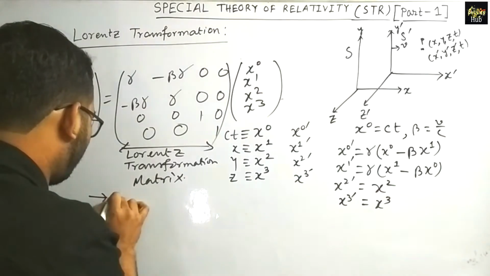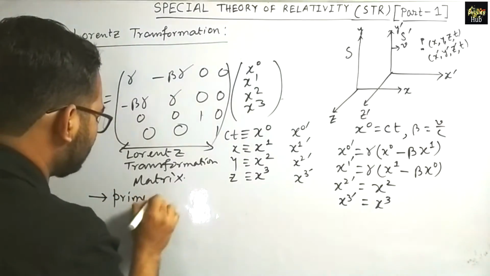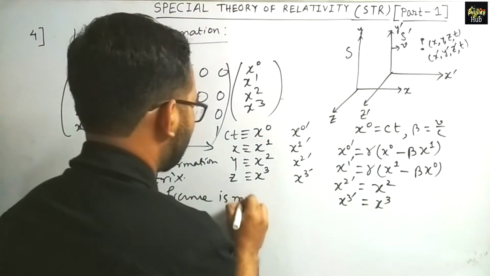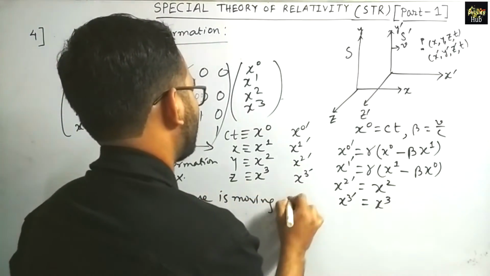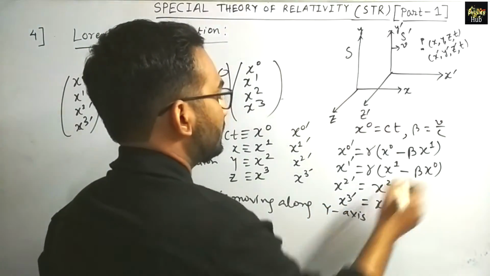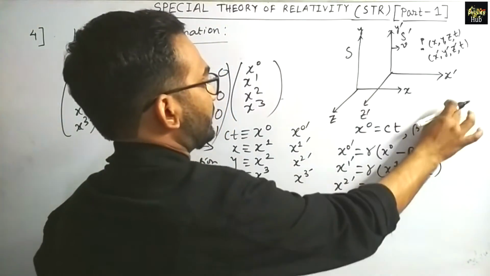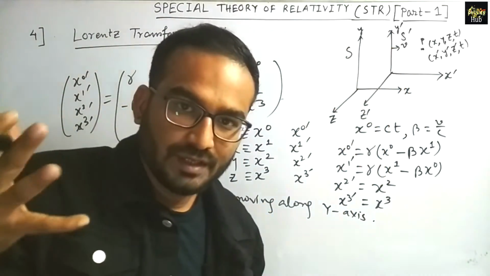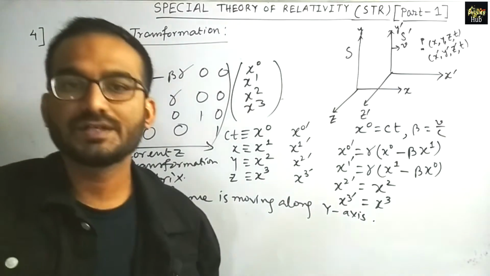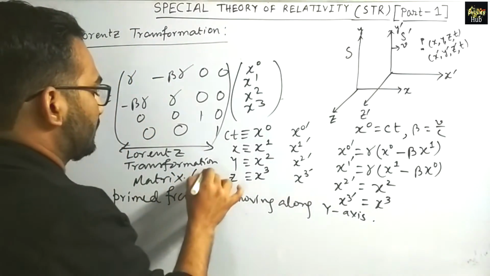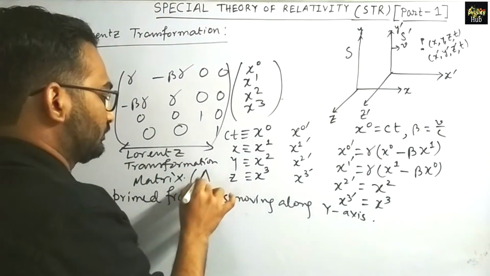So in place of the x-axis, it is moving now along the y-axis with the same velocity v. Then what will be the Lorentz transformation matrix? Suppose we are writing the Lorentz transformation matrix as gamma.